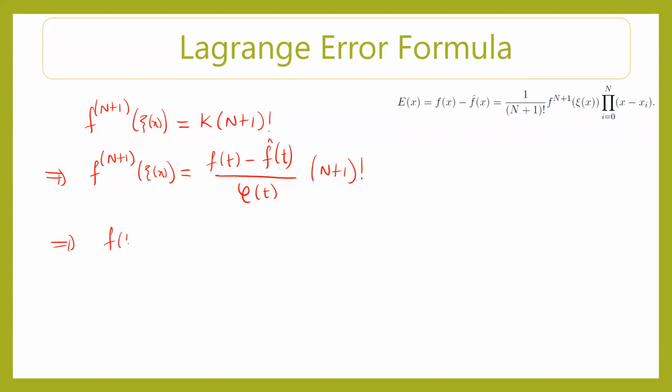I have f(t) minus f hat(t) equals, I will multiply this one with this and divide by this, guys. So if I do that, I'm going to get f^(n+1)(ζ_x) over (n+1) factorial times phi(t).